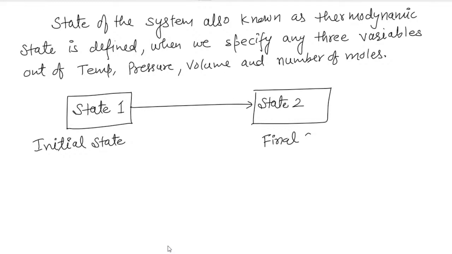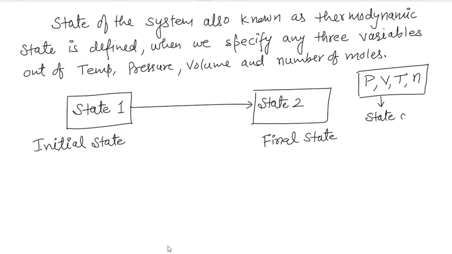Okay. State means if for the system we define its pressure, volume, it is known to us what is the pressure of the system, what is the volume, what is the temperature and how many moles are in the system, then that is called the state of the system.